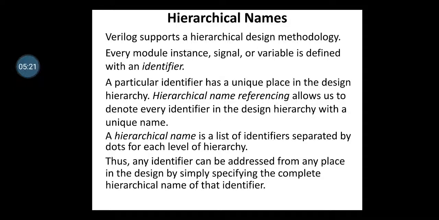So in Verilog design, every identifier, from the smallest element to the largest design block, has a unique name and can be directly referred to by that name by the programmer. This type of hierarchy is called hierarchical name referencing.